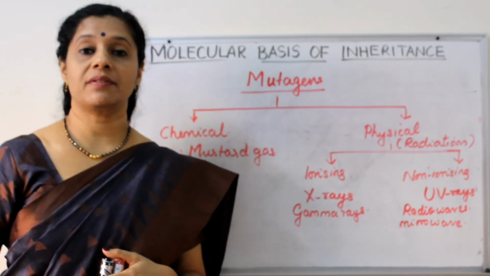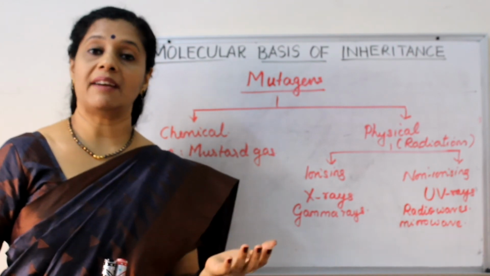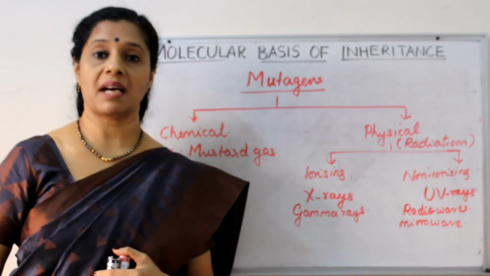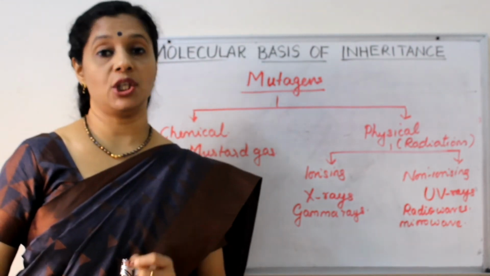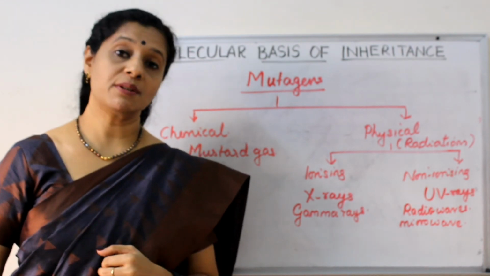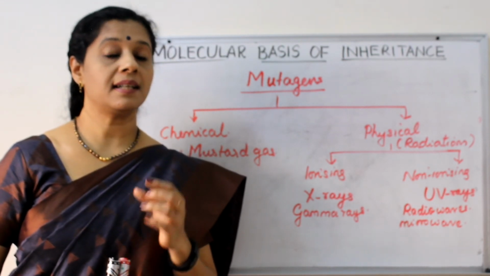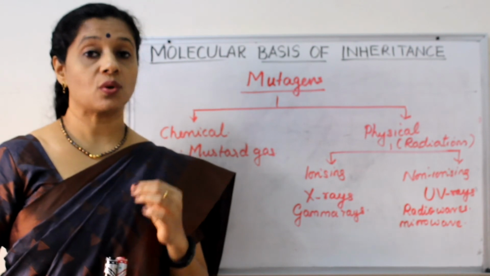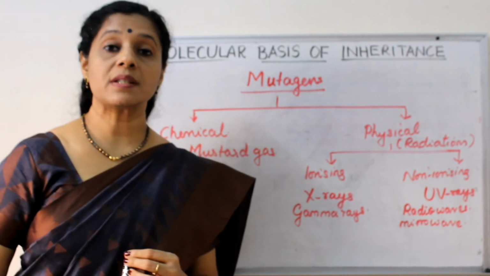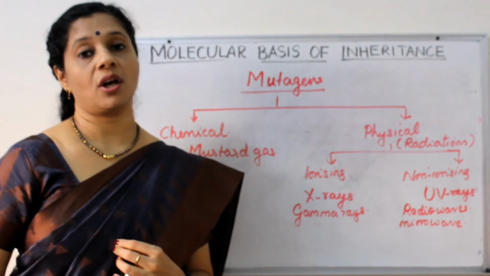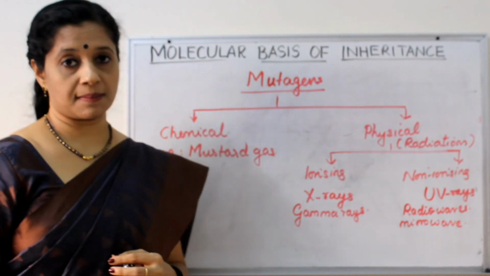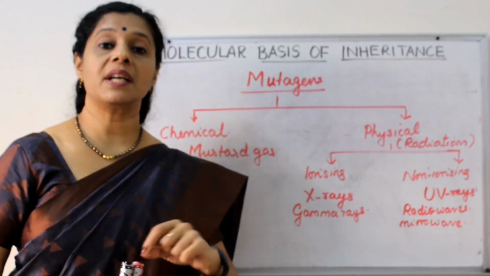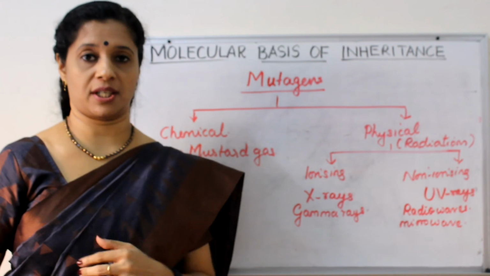Even in case of breeding, we have to induce mutation in certain plants. Mutation can be induced. How can we induce mutation? Using certain substances. Those substances which are used for inducing mutation are called mutagens. Mutagens increase the frequency of occurrence of mutation.